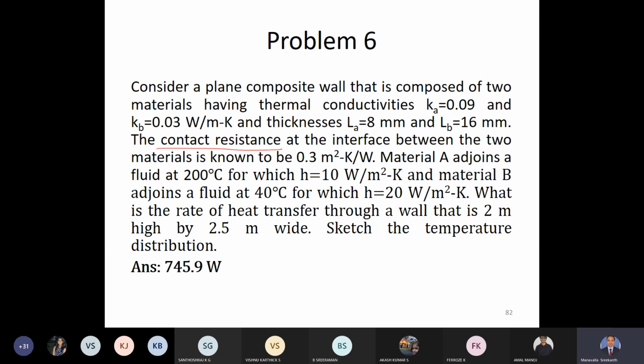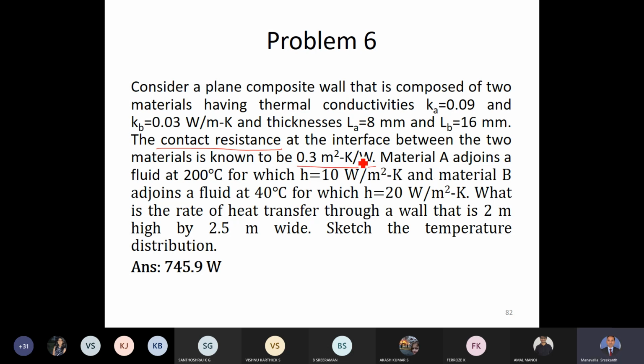Until now, we have considered composite slabs, composite cylinders, and so on. But we assumed that the contact resistance is 0, which means the contact is perfect. Practically, that is not the case. There will be some resistance. In this particular problem, we are given this value of contact resistance.